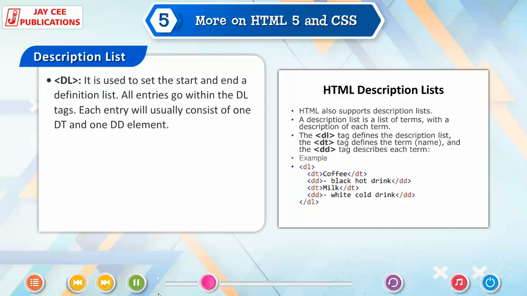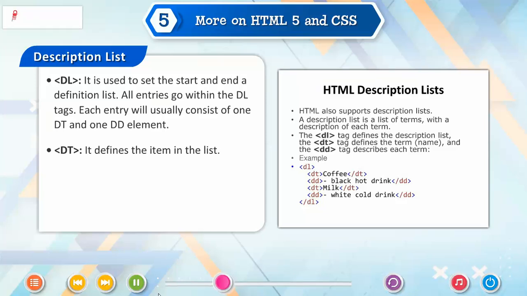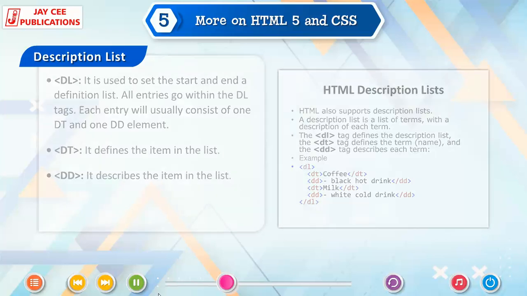The three different types of description list tags are given below. DL tag. It is used to set the start and end of a definition list. All entries go within the DL tags. Each entry will usually consist of one DT and one DD element. DT tag. It defines the item in the list. DD tag. It describes the item in the list.